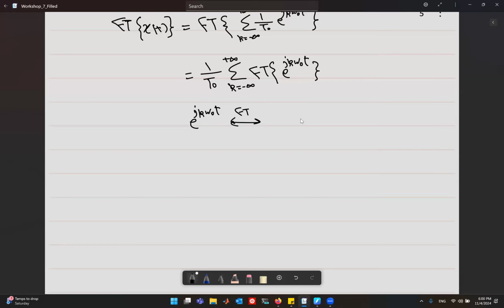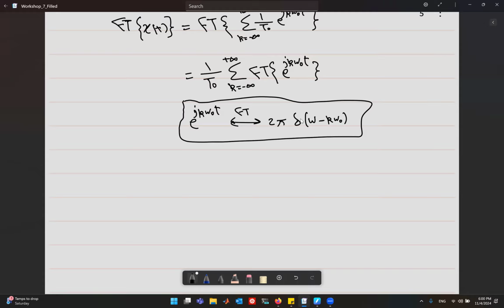If you take the Fourier transform of this, you will have 2 pi delta omega minus k omega naught. This is from the main lecture. And we're done. We'll just substitute this here, and we have found the Fourier transform of the impulse train.